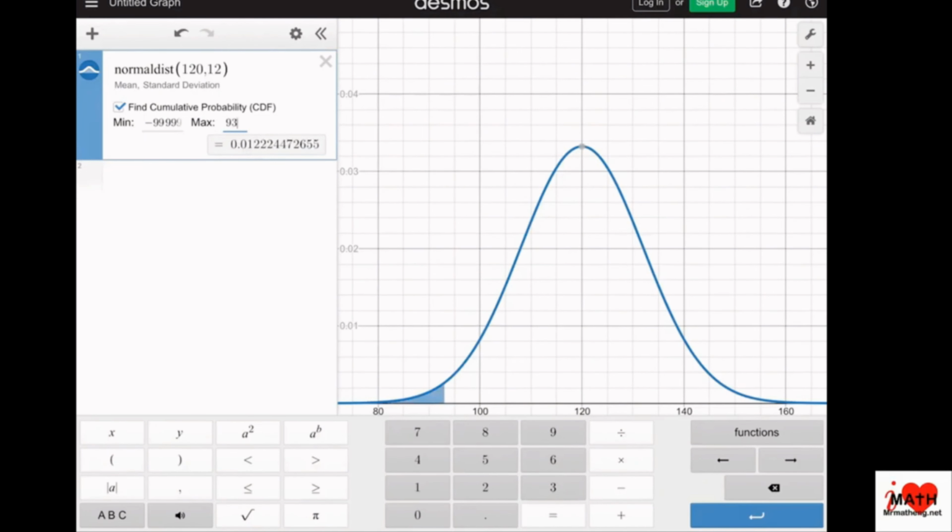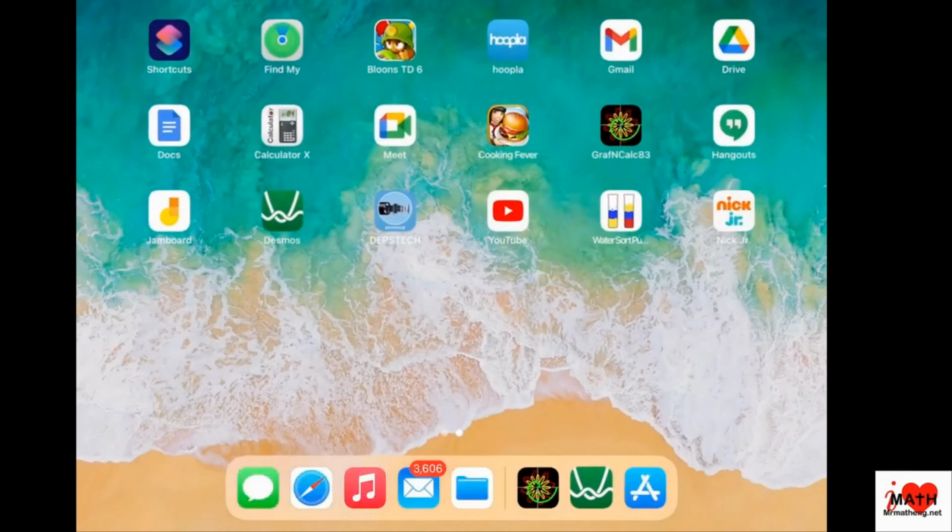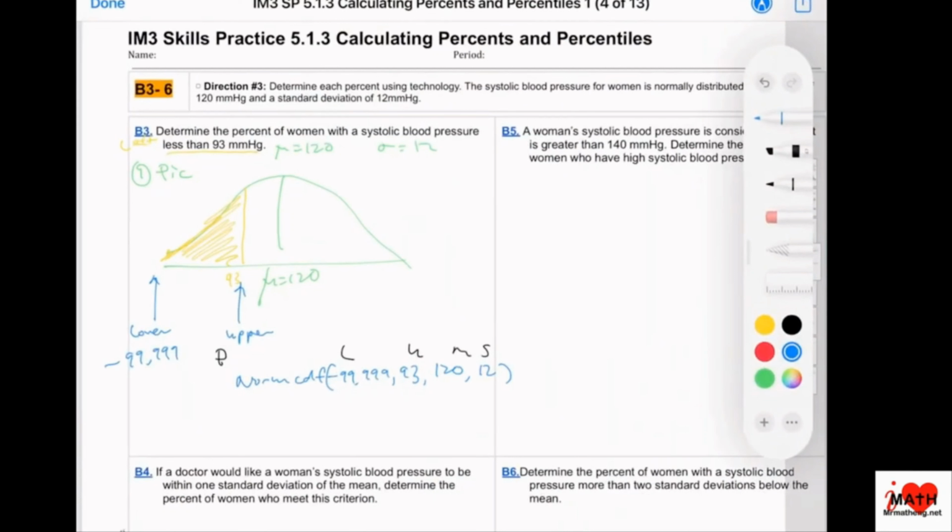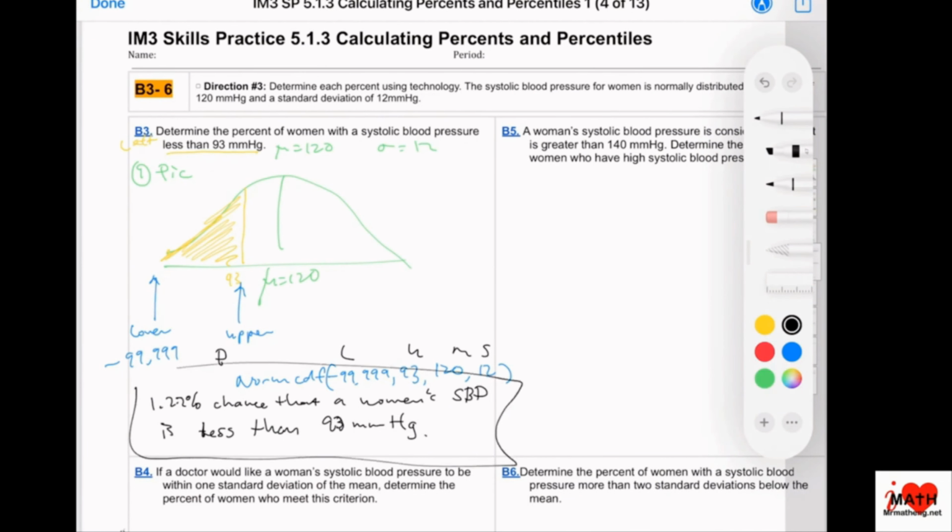Same answer, right? 1.22% chance that a woman's systolic blood pressure is less than 93 millimeters per Hg. And that's B3. Let's try B4.